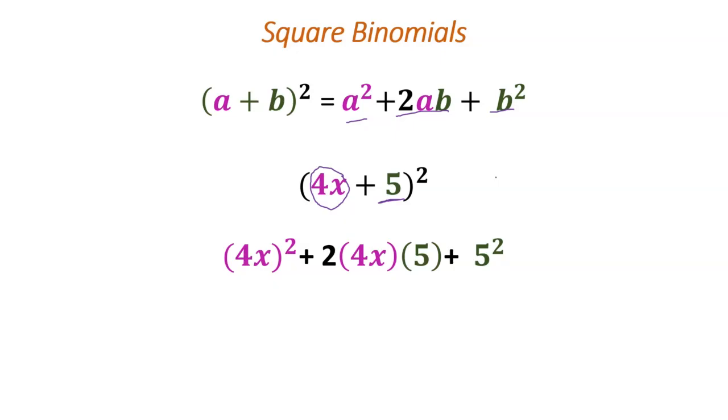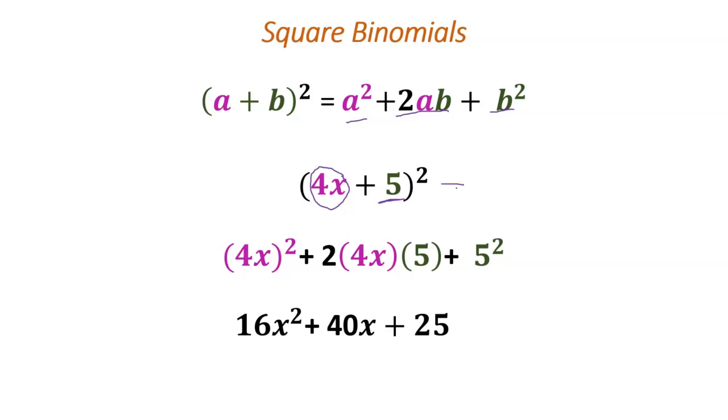And then 5 squared is 5 times 5, which is 25. So this is what I end up having, a trinomial. (4x plus 5) whole squared equals 16x squared plus 40x plus 25.